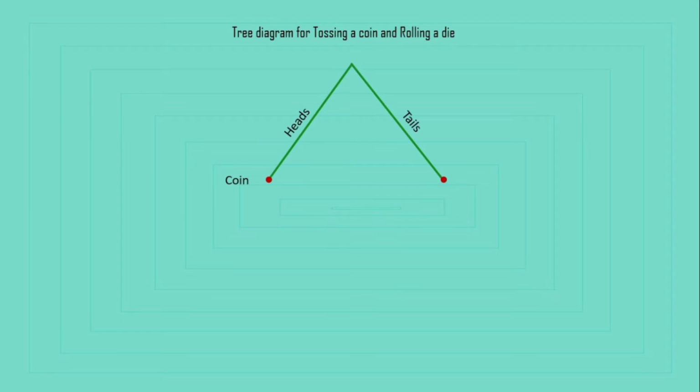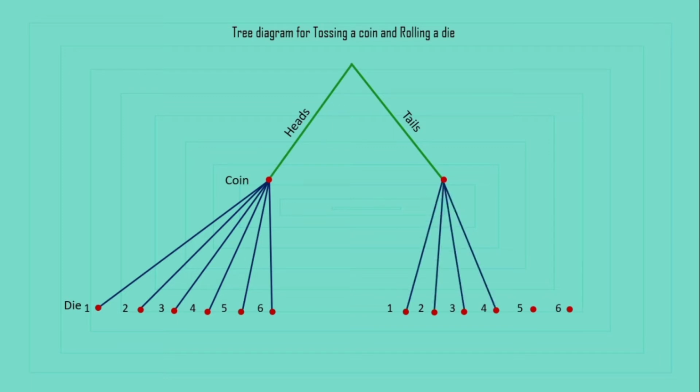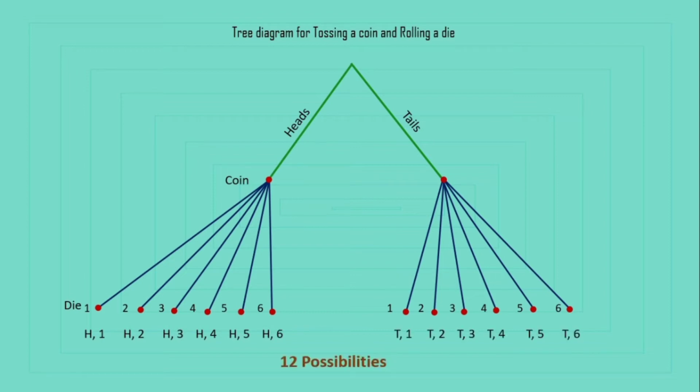A die has 6 faces of numbers which are 1, 2, 3, 4, 5, 6 for heads and for tails, resulting in heads 1, heads 2, heads 3 to heads 6, and tails 1, tails 2 to tails 6. So we have 12 possibilities.